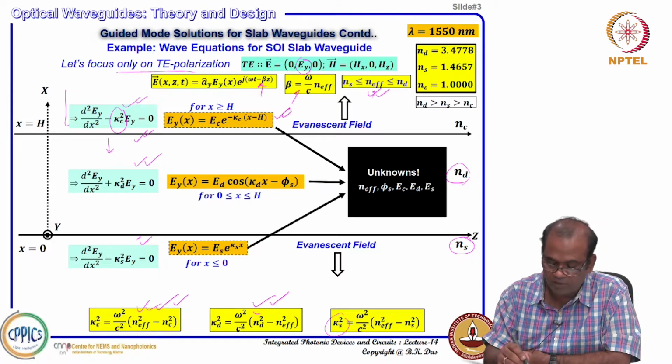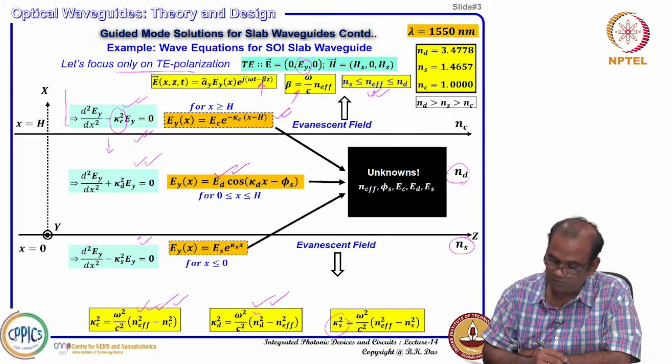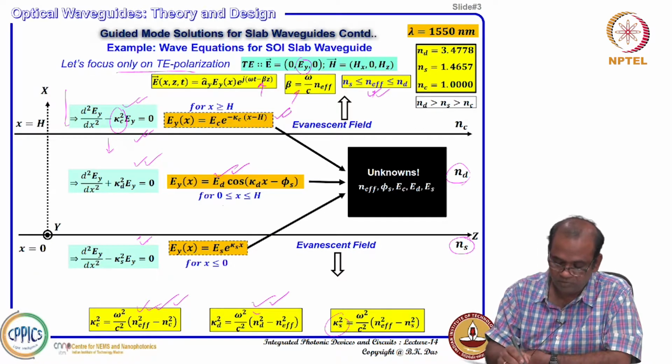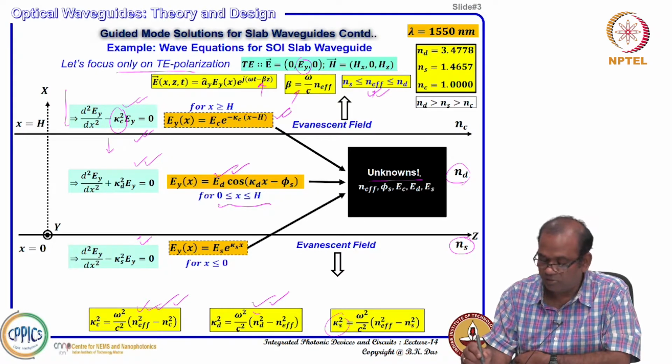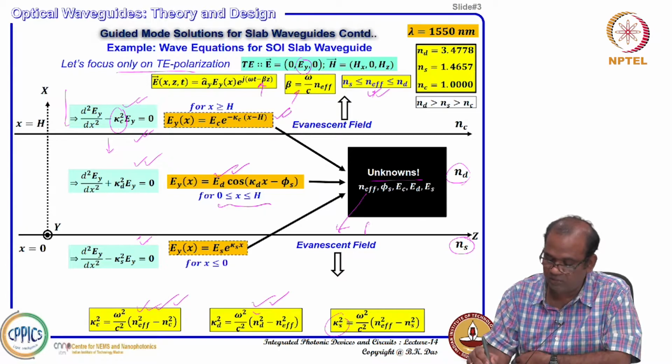So, that is why all these are positive, and their corresponding solutions we have just considered like this: exponentially decaying in the top cladding region, a standing wave in the core medium within this range, and again exponentially decaying in the region where x is less than 0. And we mentioned that these are basically unknowns: n effective, phi s, EC, or sometimes you can say the beta values.